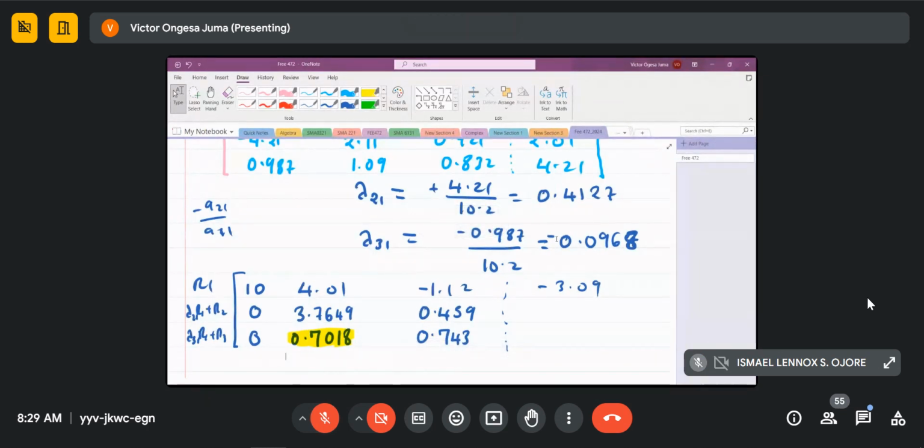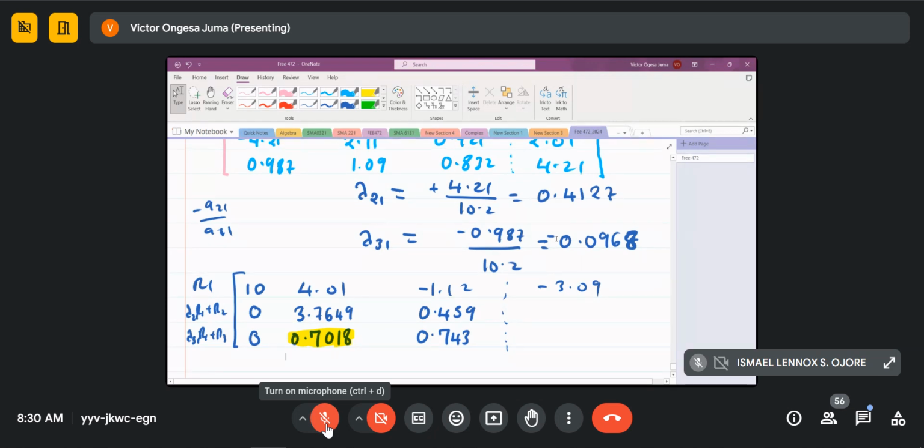So the last one is 0.0968 multiplied by 4.01. And then we subtract what? Minus 1.09, but it becomes positive.